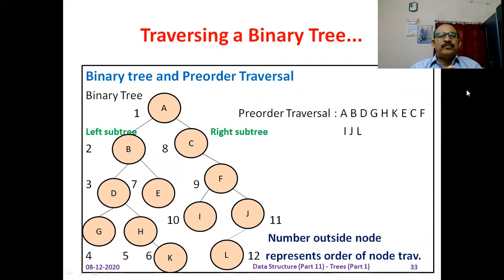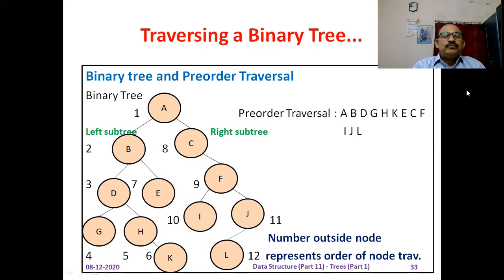The next step is traversing the right subtree, in a recursive manner. Traversing the right subtree is a suspended activity, and this information goes on the stack.